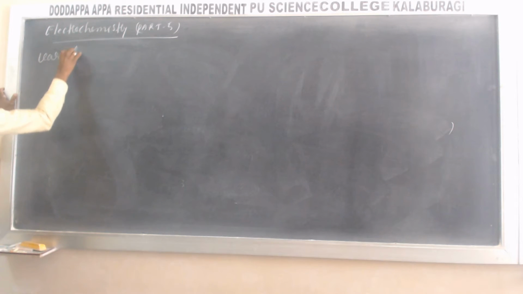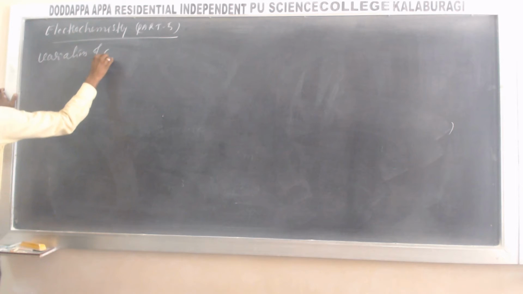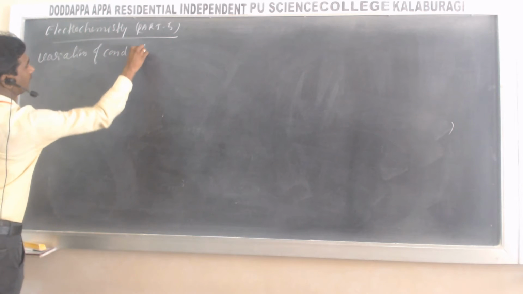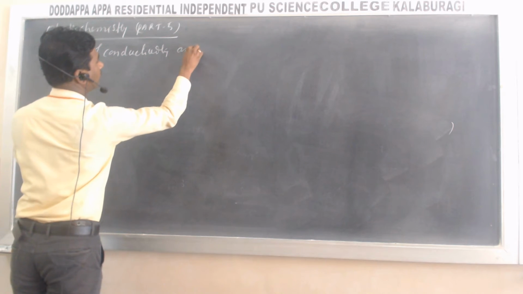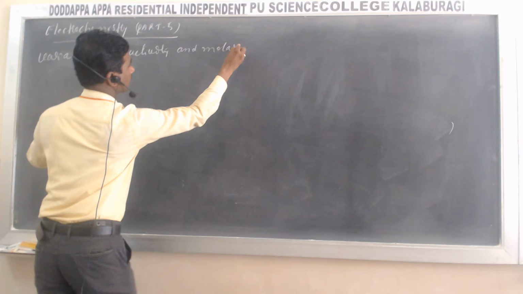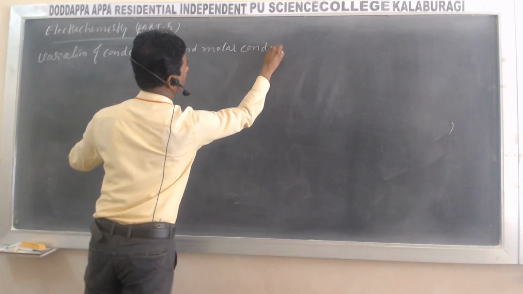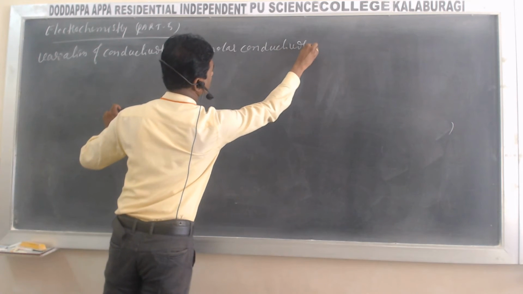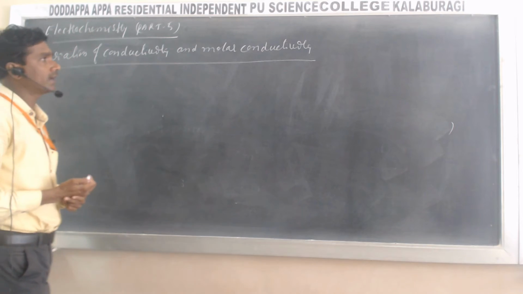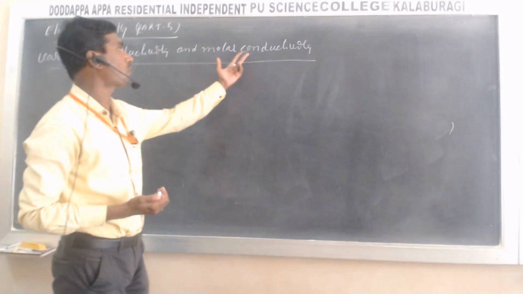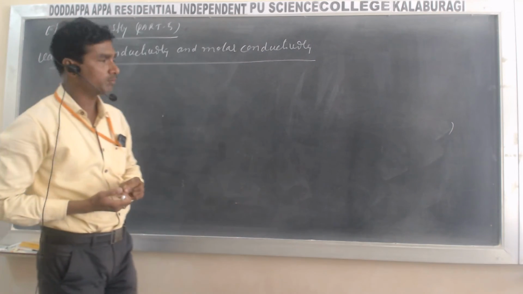Already we know that conductivity is the reciprocal of resistivity, and molar conductivity is nothing but the conductance of all ions produced from 1 mole of electrolyte.